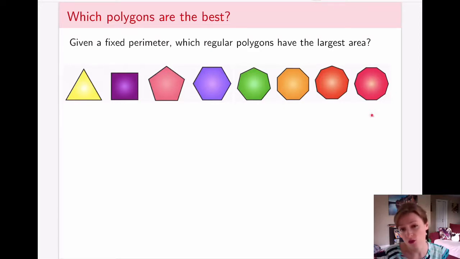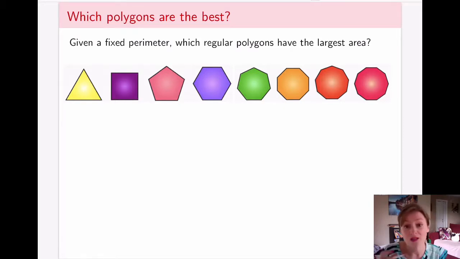Now, a circle, of course, is not a polygon, but if you have lots and lots of sides, that's a pretty good approximation of a circle. So circles are great for a number of reasons, but they're terrible for one particular reason. What if I don't want to just build one pasture to enclose my animals in? What if I want to build a few?